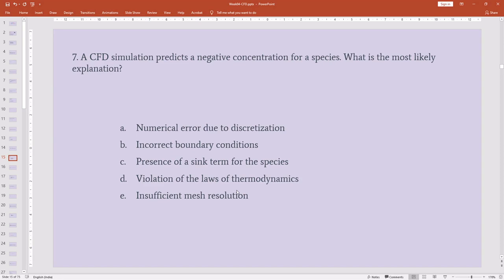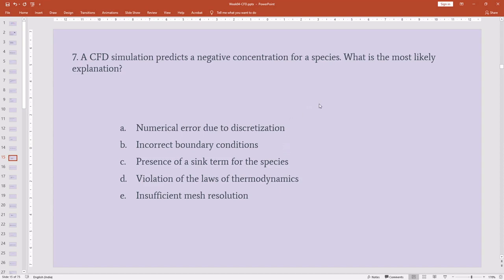Options are: A, numerical error in the discretization; B, incorrect boundary conditions; C, presence of a sink term in the species; D, violation of laws of thermodynamics; E, insufficient mesh resolution. So which of these can create a negative concentration for a species?